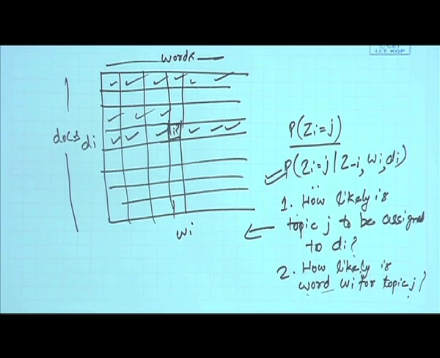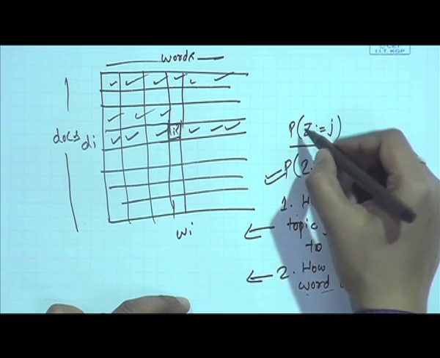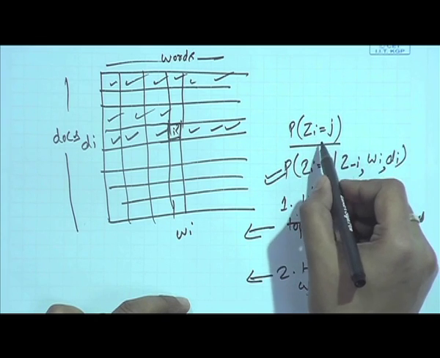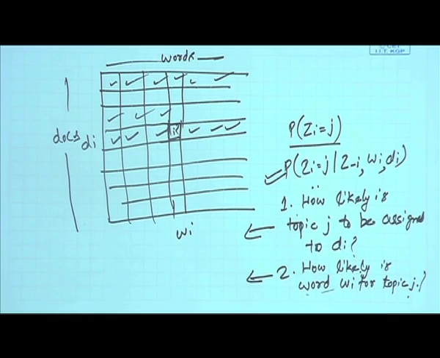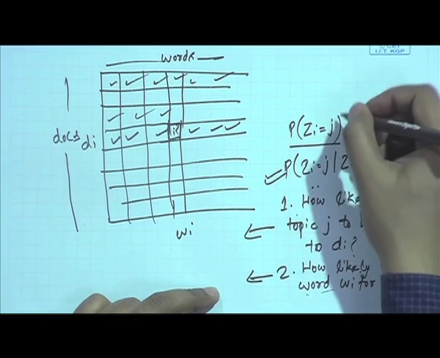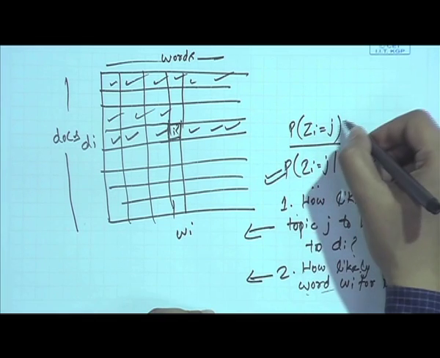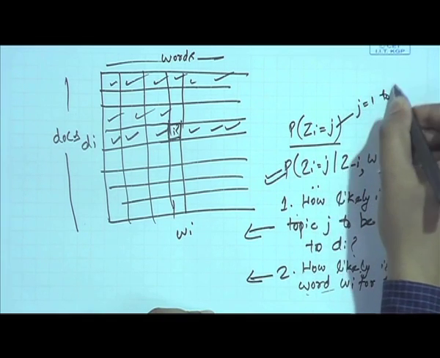I will again see, in topic j, what are the different words that come and how many times word w_i comes in this topic j, and this I can use to compute this probability. Then I can multiply these two to find the probability of topic j being assigned to this word token i, and this I will do for all topics j equal to 1 to k.